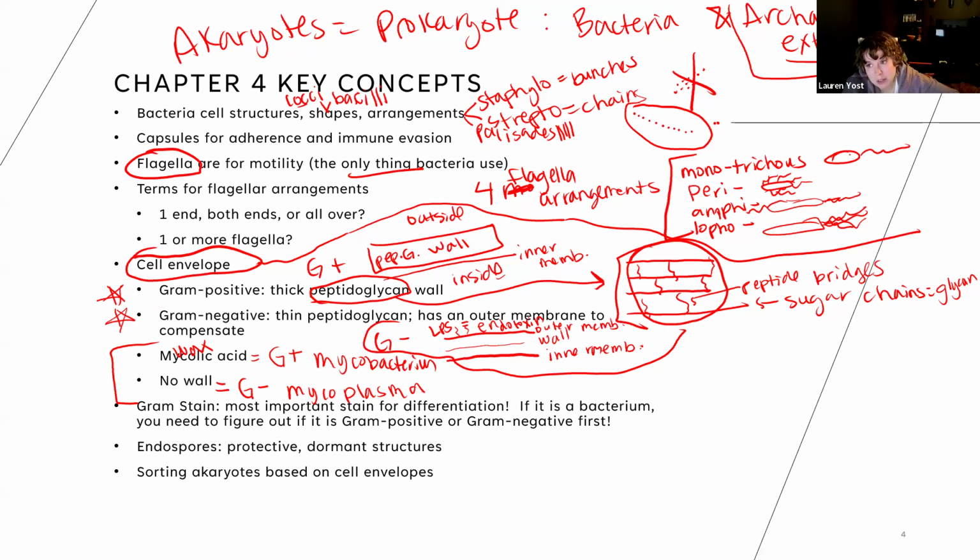Neither do mycoplasmas, because they don't have a wall to help them hold their shape. Okay. So these guys are pleomorphic. They have many shapes. They are not staphylo, they are not cocci, they are not bacilli, they are not vibrio, they are not spirochetes. They are really pleomorphic, many shape. All right. So those are our two weird outliers with the walls.